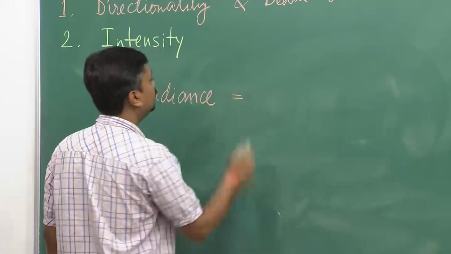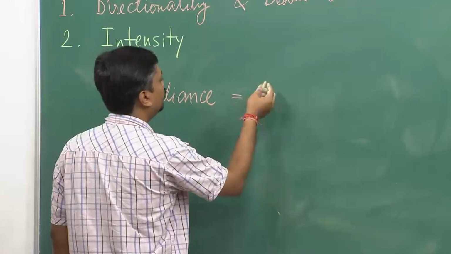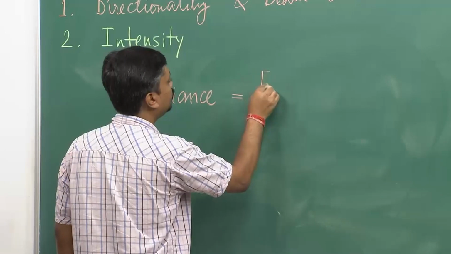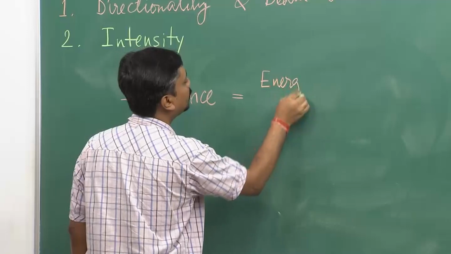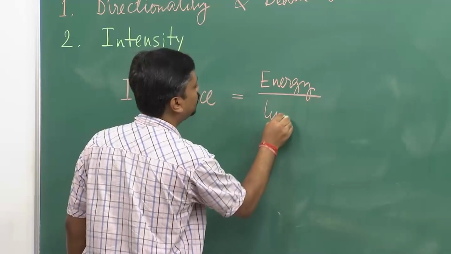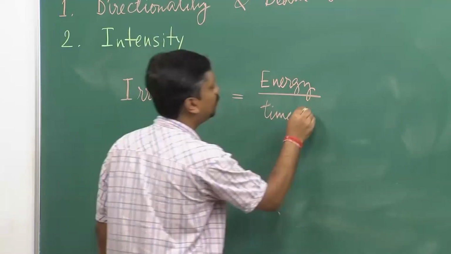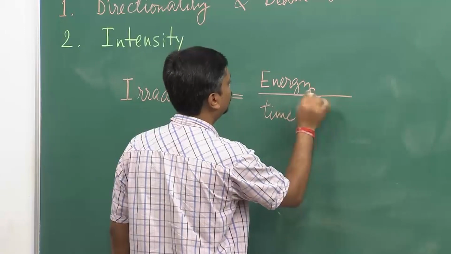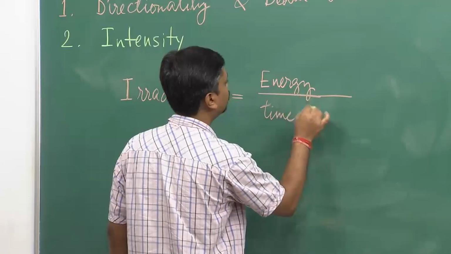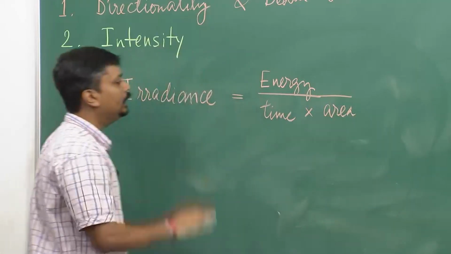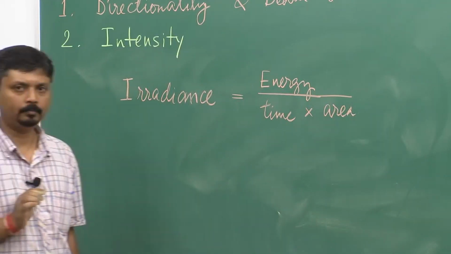Irradiance is given by energy by time by area. So, energy per time per area.